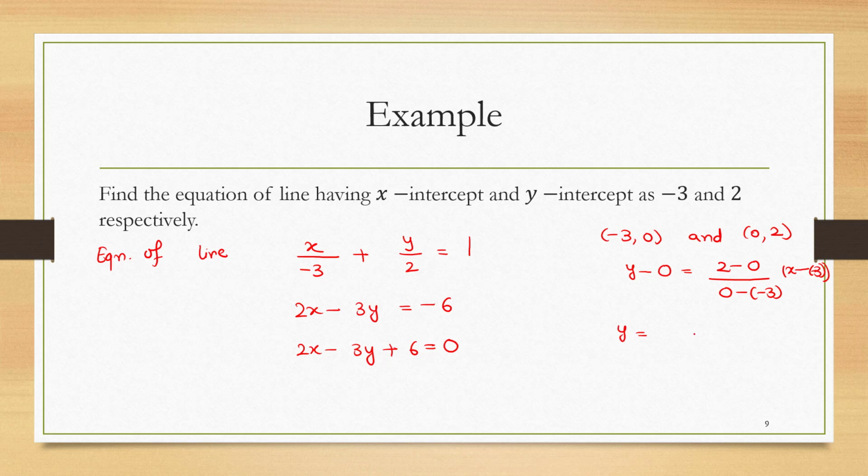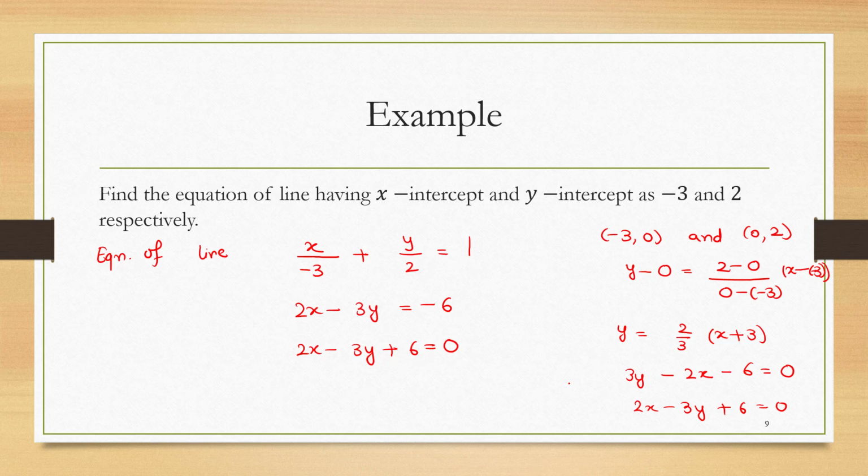So y is equal to 2 by 3 into (x plus 3), or 3y minus 2x minus 6 equal to 0, or 2x minus 3y plus 6 equal to 0, which is the same as found here. So we can take any of the methods.